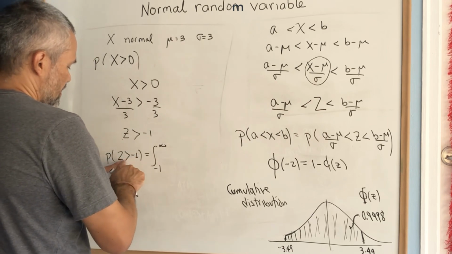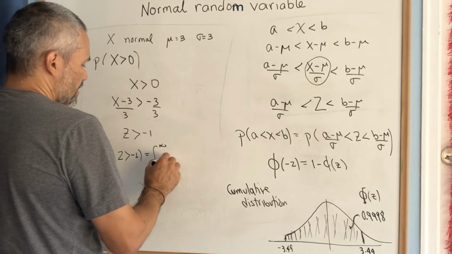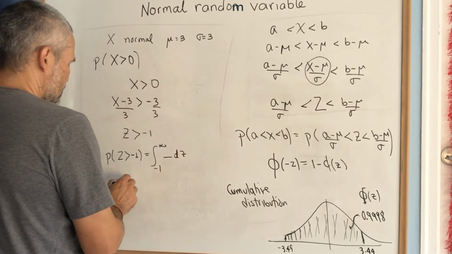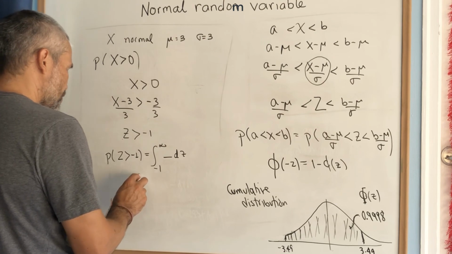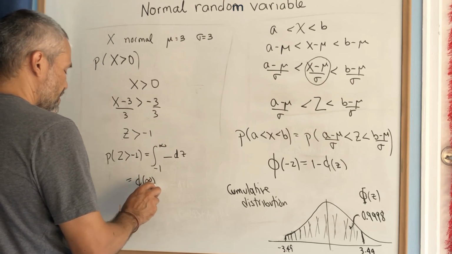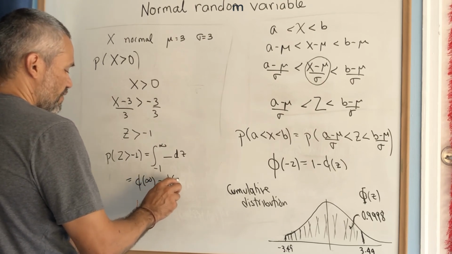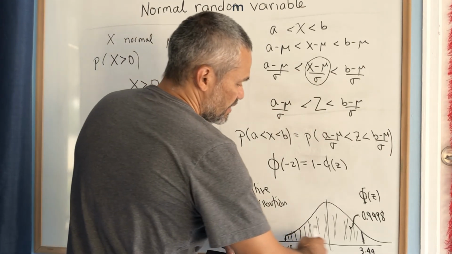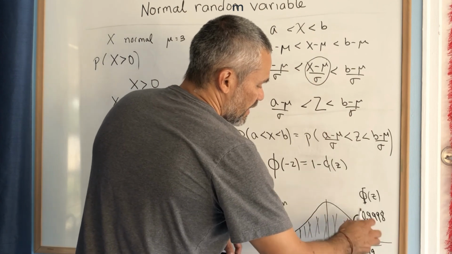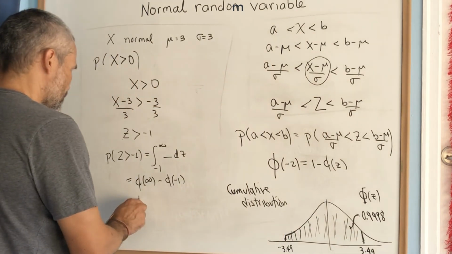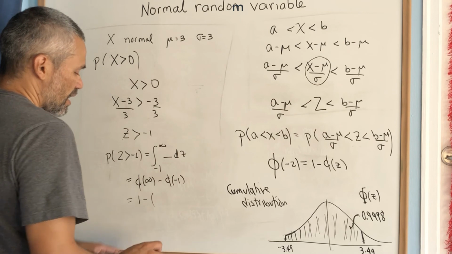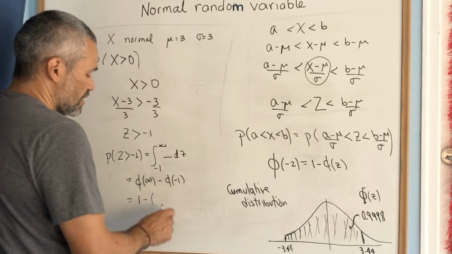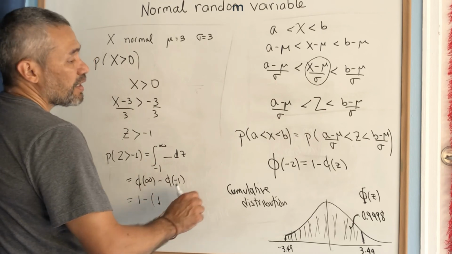This is the integral, and here the density function dc, and this is just the cumulative function evaluated at infinity minus the cumulative function evaluated at negative 1. The cumulative function evaluated at infinity is the total area under the graph, which we know is 1 minus, and when we want to compute the cumulative function at a negative number and we want to use the table, then we use the formula, which is this.